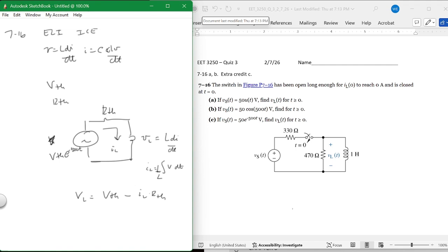Once you get R Thevenin and V Thevenin, I is equal to the voltage across, but you don't know this. For part A, not part C, you don't know in C what the voltage across the inductor is.